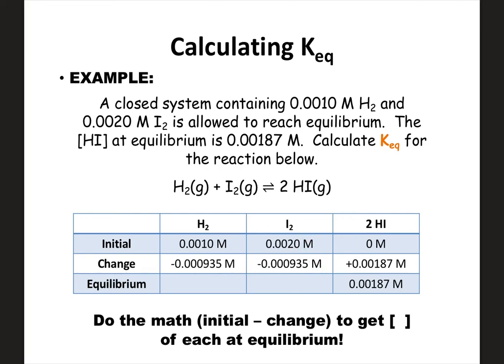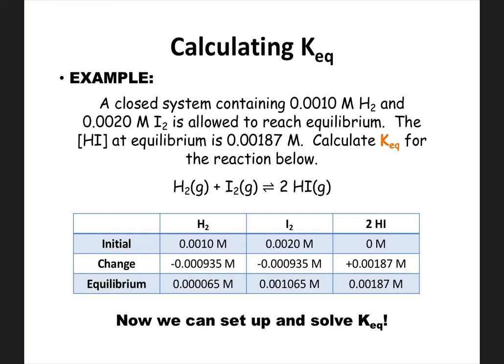It's losing that much, so you can determine the equilibrium concentration of the I2 by just subtracting the initial minus the change. When you do that, you get the values here at equilibrium for the H2 and the I2. So we used logic and math here in order to fill out the rest of our table, and we were able to do this because we knew at least one of the concentrations at equilibrium.